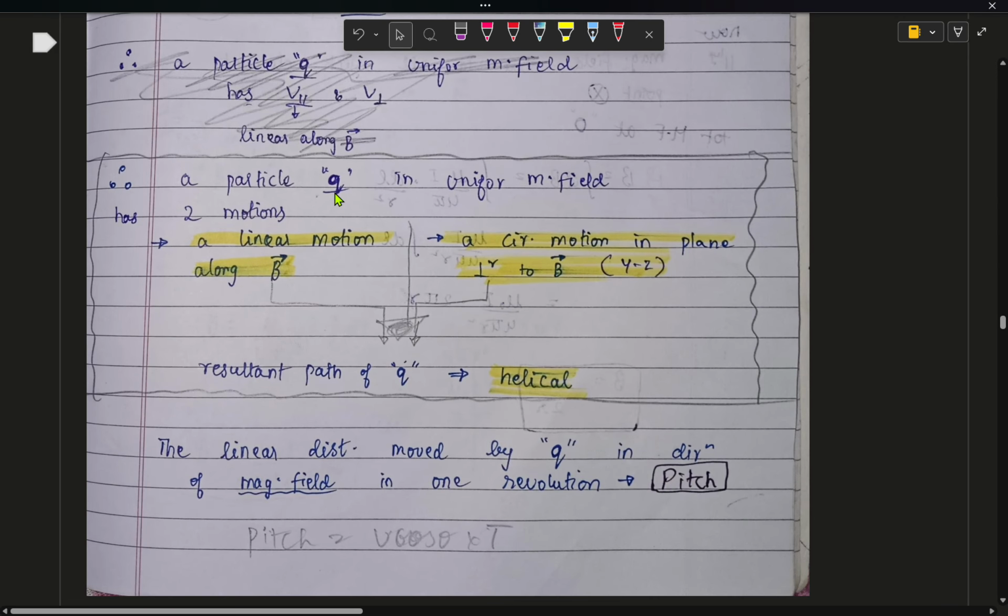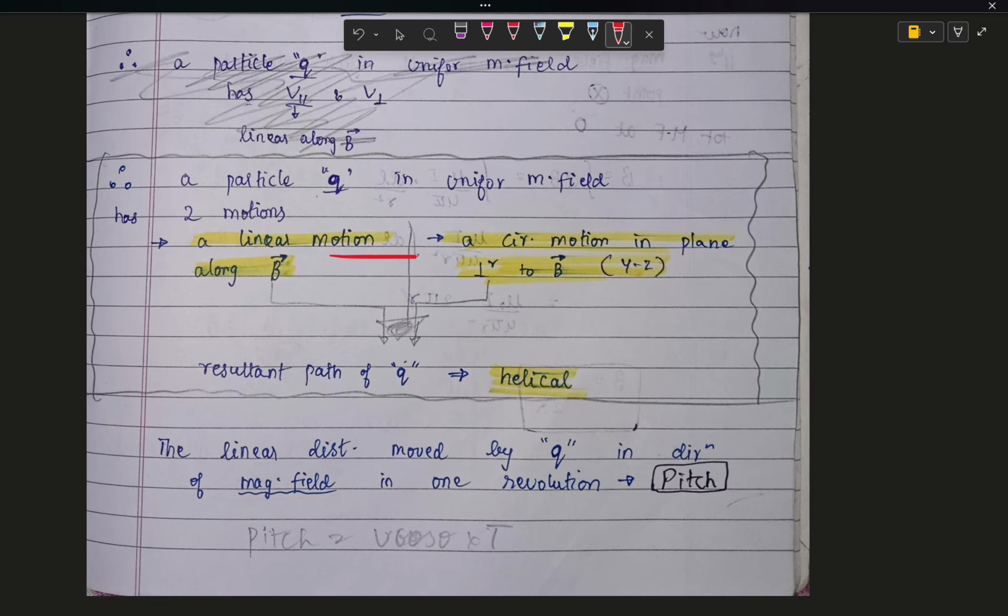Now see, a particle Q in a uniform magnetic field has only two motions: a linear motion along the x-axis, or a circular motion. So combining this linear motion as well as the circular motion, we have seen a particle can move in a circular motion or in a linear motion, right?